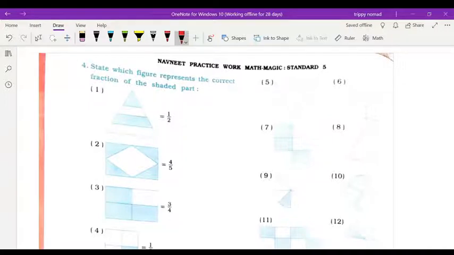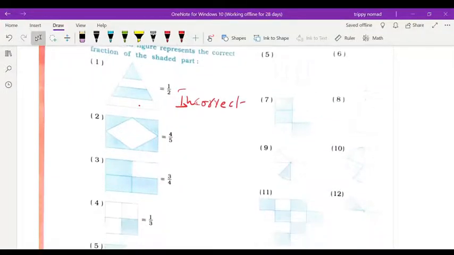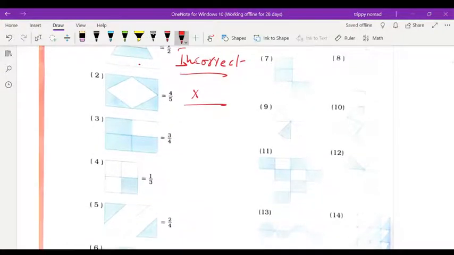It is not equal, so you can't write 1 by 2, so this is incorrect. And here also it is not equally divided, so this is also incorrect. You have to write the word incorrect. And these are equally divided first, then shaded, 3 by 4, so this is correct. You write the word correct.